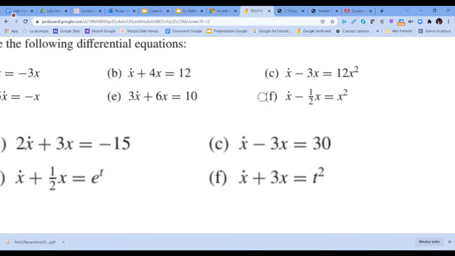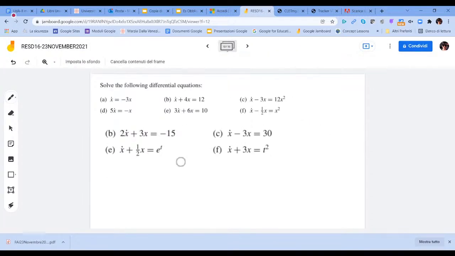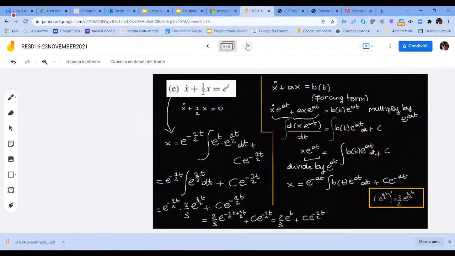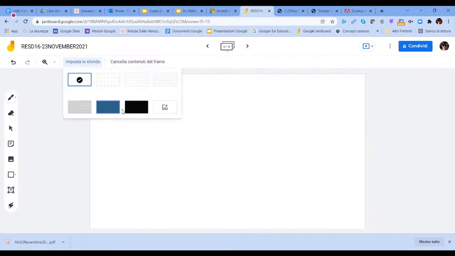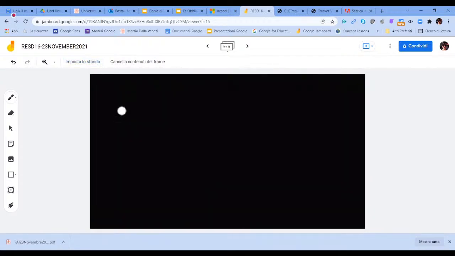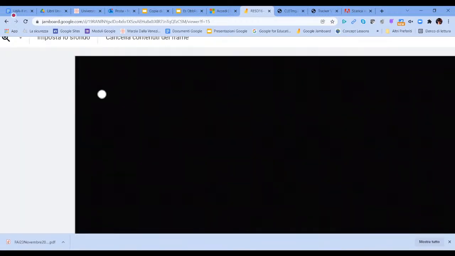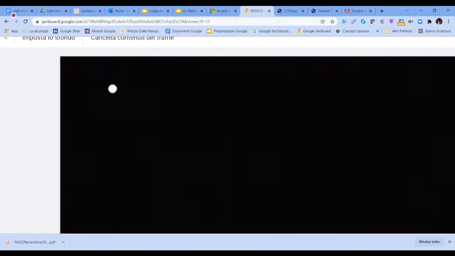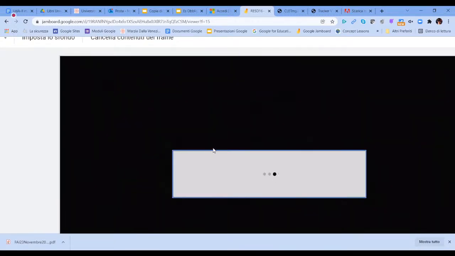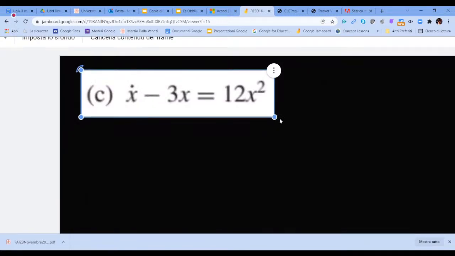This one is almost the same as f, and we could choose the other one, but maybe I can leave you as an exercise the other expression of the differential equation, and you can try to solve them.